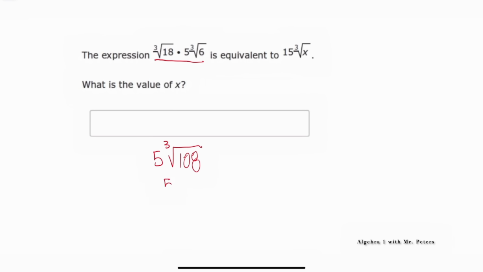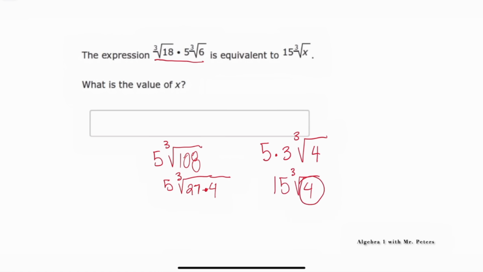So when we break this down, we're going to have 5 times the cube root of 27 times 4. Remember now, 27 is a perfect cube. So this is going to turn into 5 times the cube root of 27, which is 3. And because there's no cube root of 4, it's going to stay under the radical. So we're going to have 15 times the cube root of 4, and the number that's under the radical, which is x, is going to be 4.